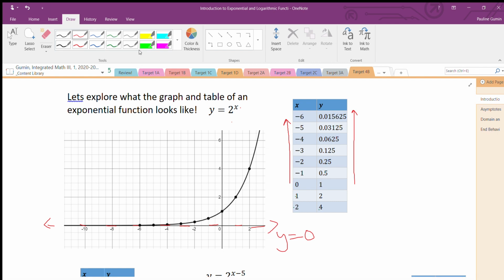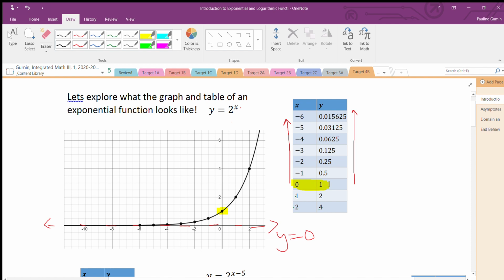Another thing I'd like to point out is the y-intercept. Our y-intercept is right here, and it's (0, 1). That's an important point to focus on because it tells us a lot about the graph. This y-intercept could be moved up and down. It could also be moved left and right. When it moves up and down, my y's change.